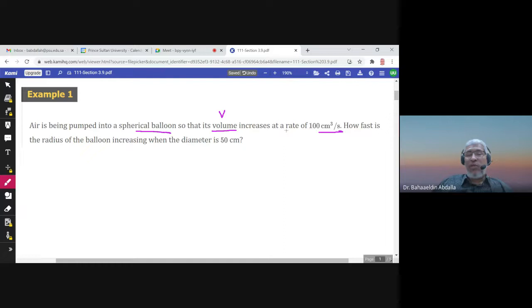So what is the meaning of this? Increases at a rate of... the volume changes with respect to what? When you pump the air, the volume changes with respect to time, per second. Centimeter cube is the unit of the volume.